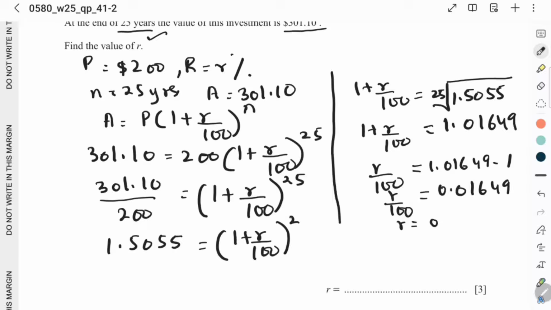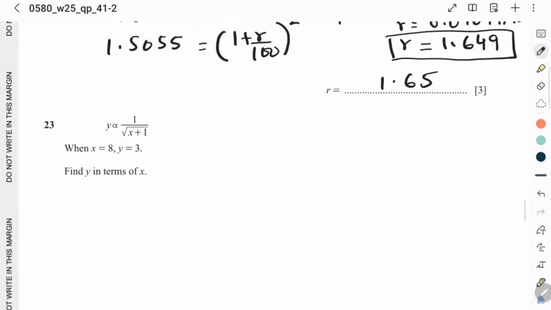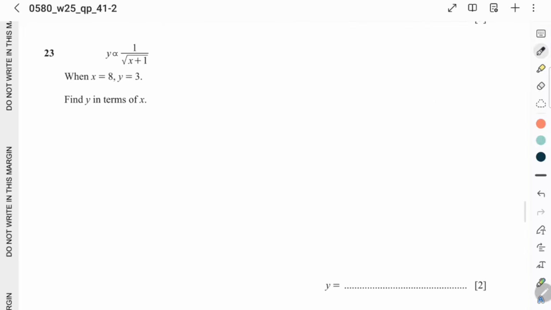So r will be equal to 0.01649 times 100. That is equal to 1.649. That is the percentage. So you can write down either 1.65 or 1.649. Okay. So the next part, y is equal to 1 upon square root of x plus 1.